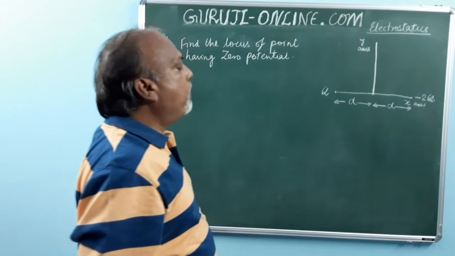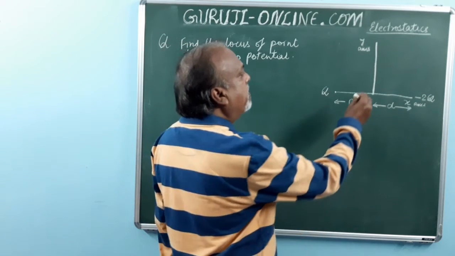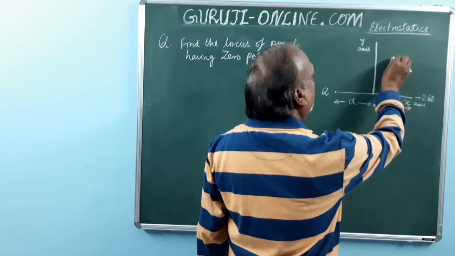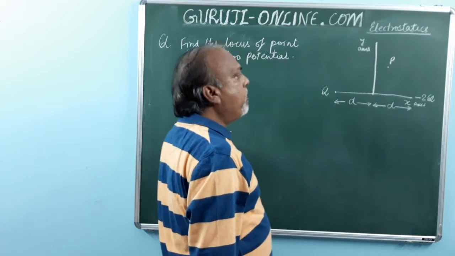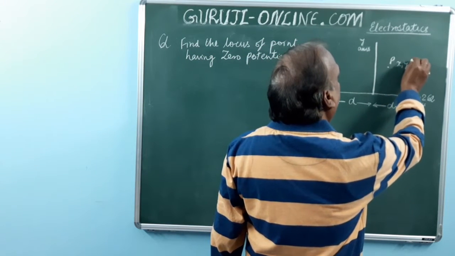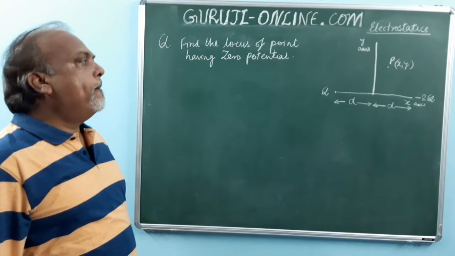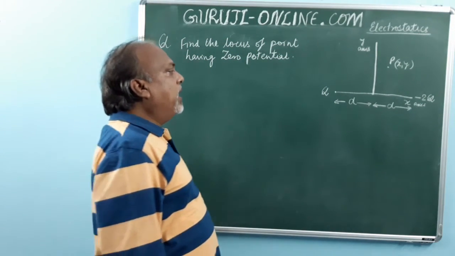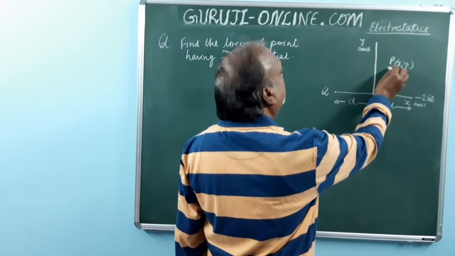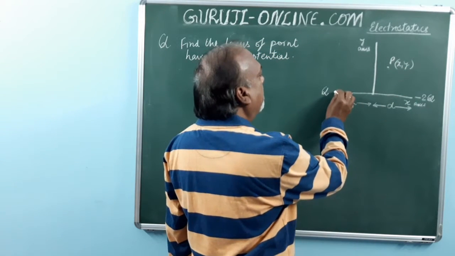Correct? Now, let us assume there is a point P whose coordinates are x and y. This point is having zero potential.